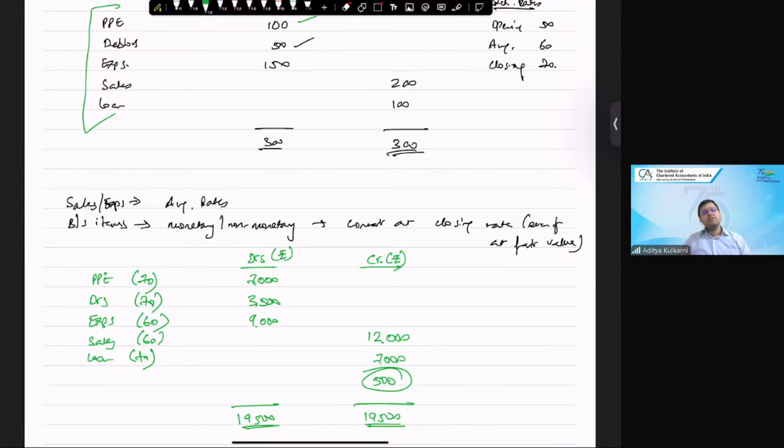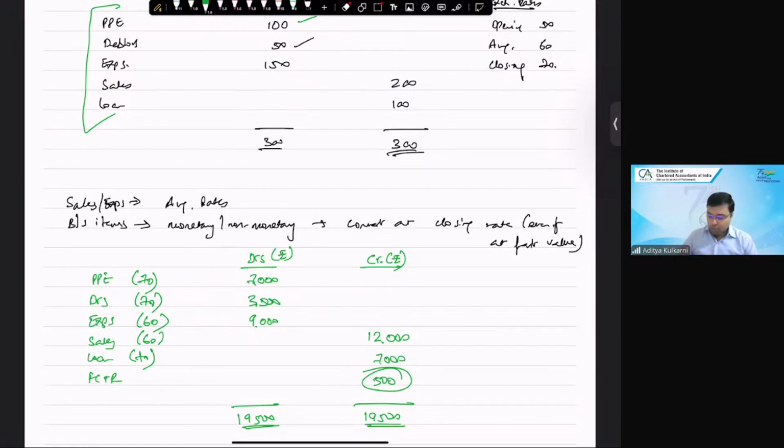You will have a difference when half is happening at one rate, half is happening at some other rate. So this difference, where will it go? This difference will go to a different line item called FCTR. That's right, Monica. This difference goes to FCTR, foreign currency translation reserve.